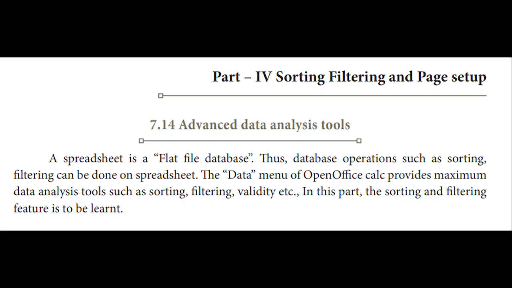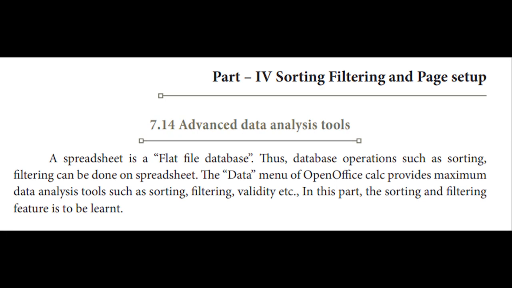Some auto filter will be there, that also you can add or remove, and all that you'll be learning here. As we have seen in OpenOffice Writer, here also the page orientations and all you can arrange when printing, okay?